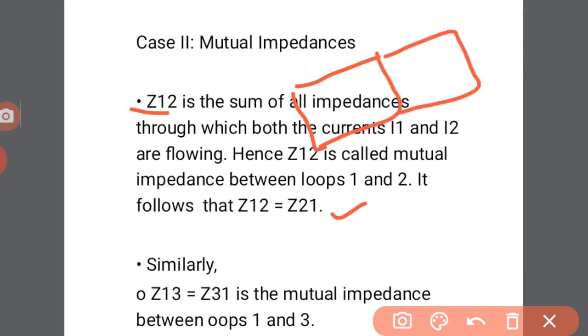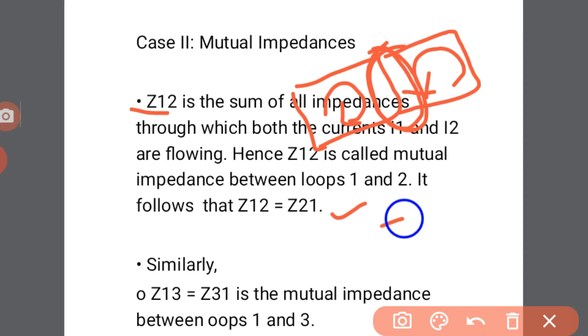Here there exists some impedance, say Z12. From the first loop the current is I1, from the second loop the current is I2. So both the currents enter this impedance Z12, and this is called a mutual impedance. That means Z12 is the sum of all impedances through which both the currents I1 and I2 are flowing.